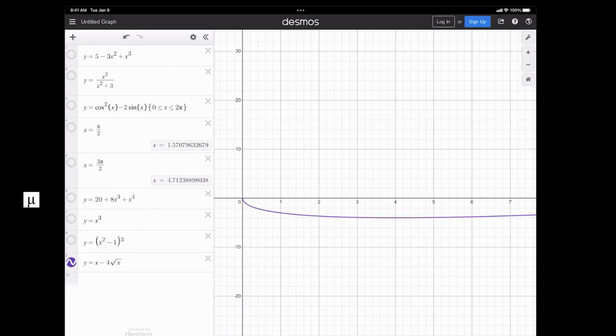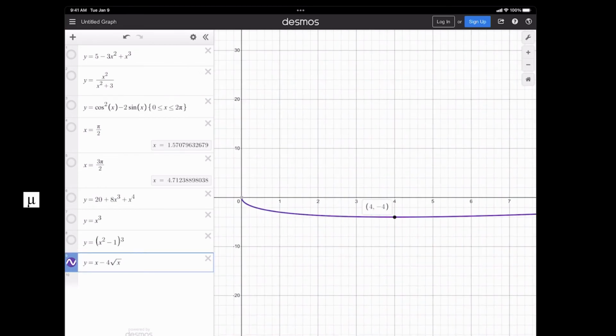This is what the curve looks like. It's decreasing from 0 to 4, and then it's increasing from 4 to infinity. So at 4, the smallest value of the function is negative 4.